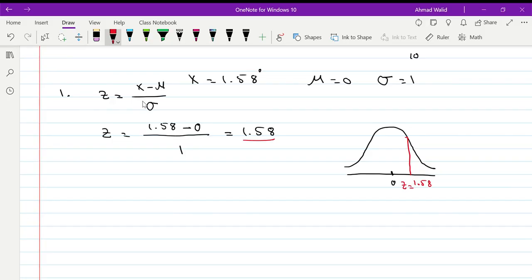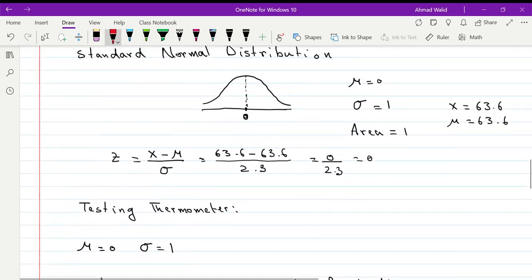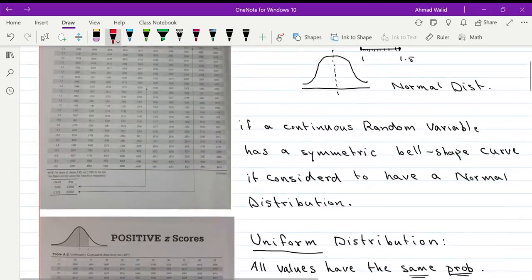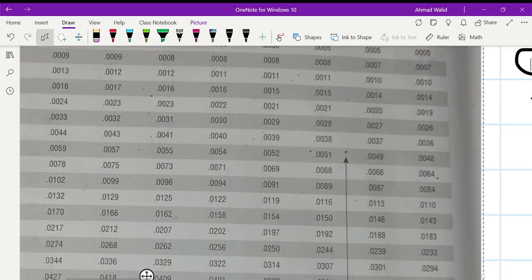Now, reading less than 1.58. Which area are we talking about? Less than 1.58 is this area, correct? Now, if you are using your z-score table, go to the positive z-score table.